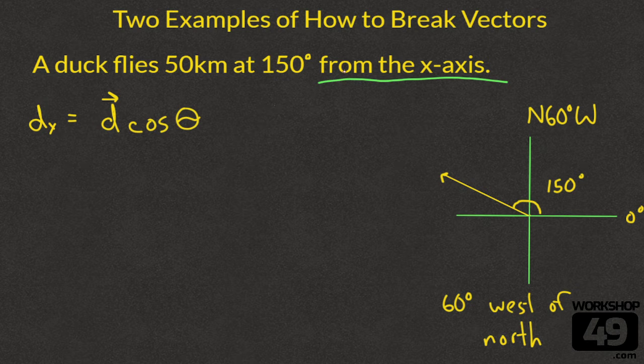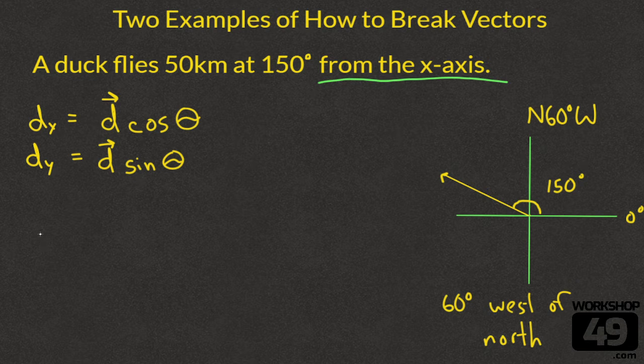Now this theta has to be the theta from the x-axis. Our y component, the up-down component of our vector, is going to equal the magnitude of our vector, again 50 kilometers, multiplied by the sine of theta.